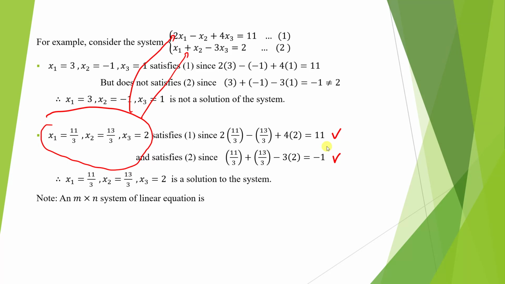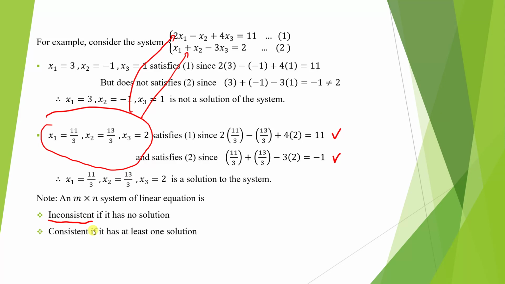Next, an m cross n system of linear equations is inconsistent if it has no solution. So inconsistent means that it has no solution.